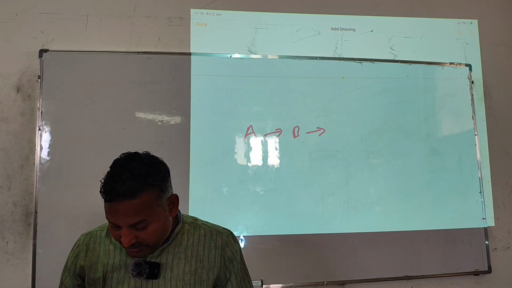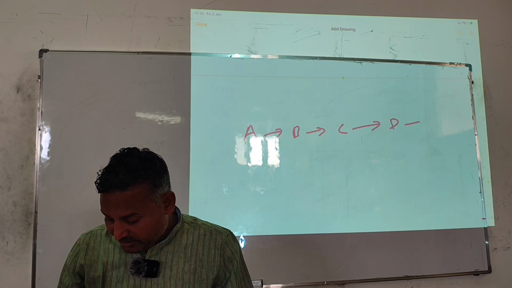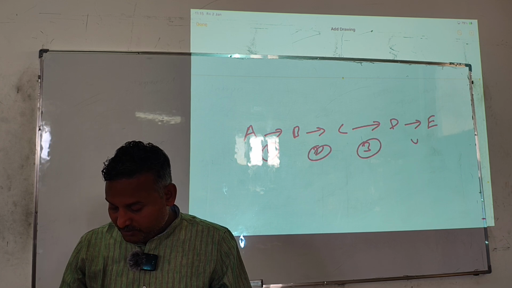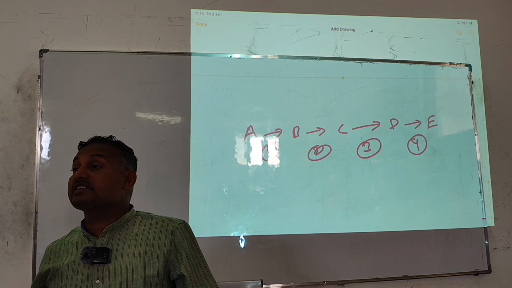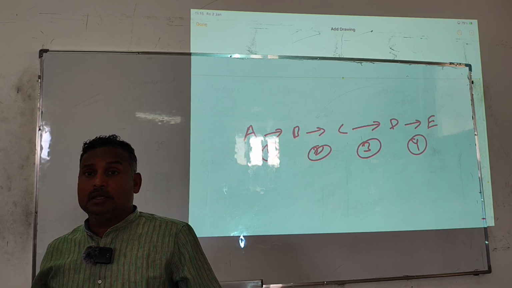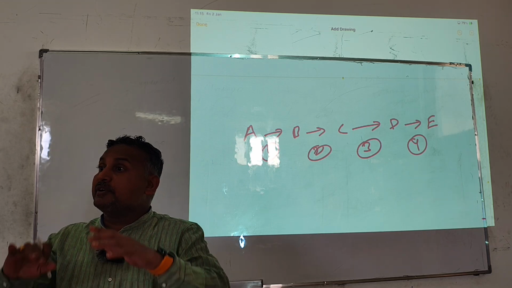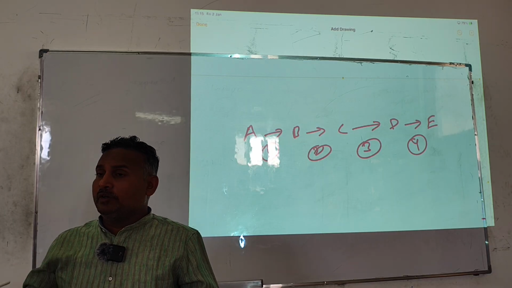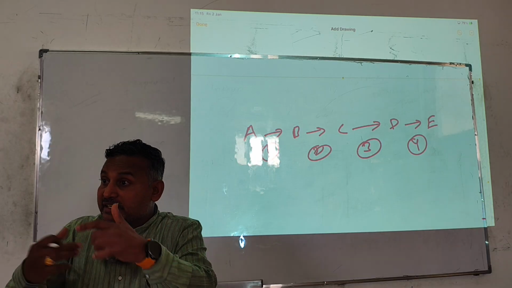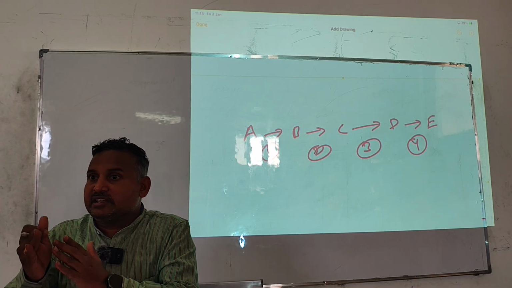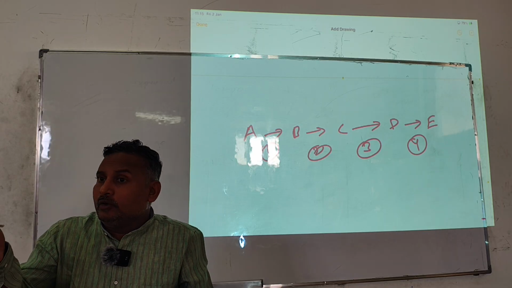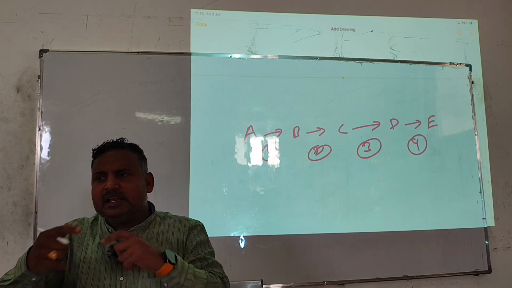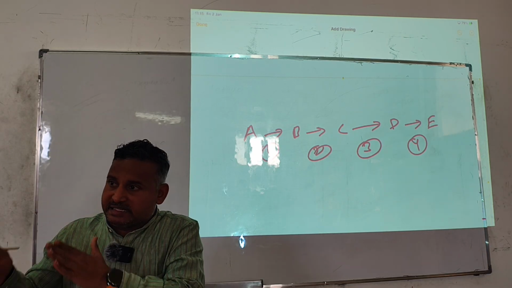A gives B gives C gives D gives E. These are steps: first step, second step, third step, fourth step. That means this is a 4-step synthesis. I think in organic chemistry you are studying some named reactions: benzoylation, acetylation, nitration. In one step you are doing acetylation, and then you are attaching an amine group to the acetyl group. Something like this, you are making step by step synthesis.